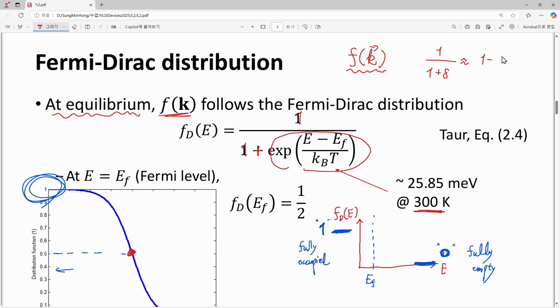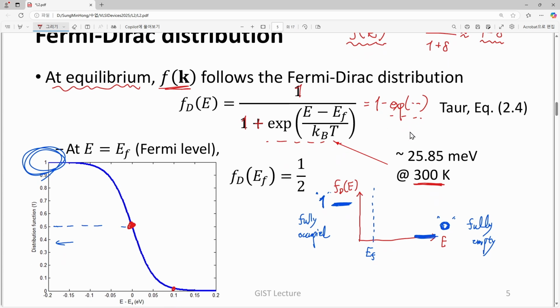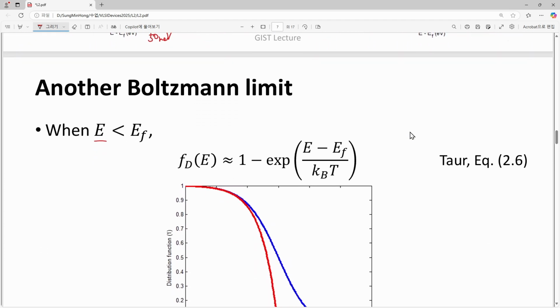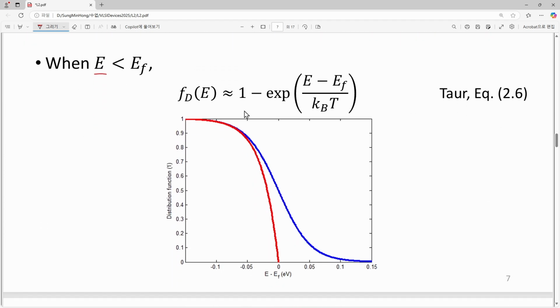Then it is a really good approximation for its original function. So simply speaking, if our exponential term is quite small, then it can be just expressed as an exponential of something. This something corresponds to this one. So if we go to quite a low energy limit, then it can be quite well approximated.